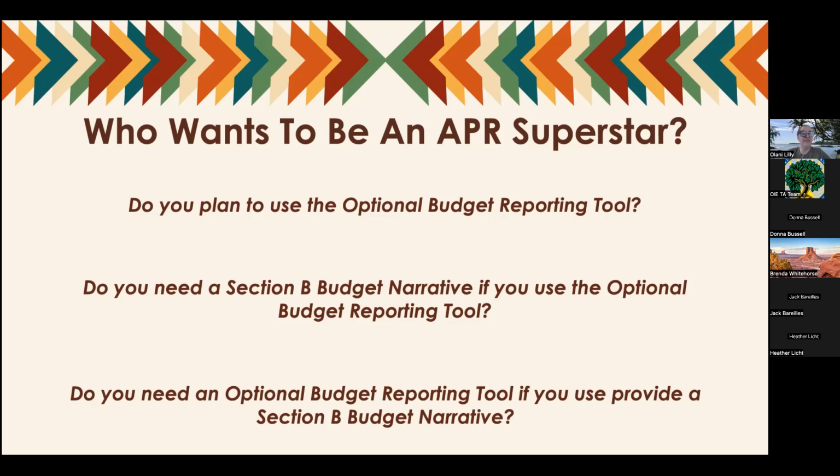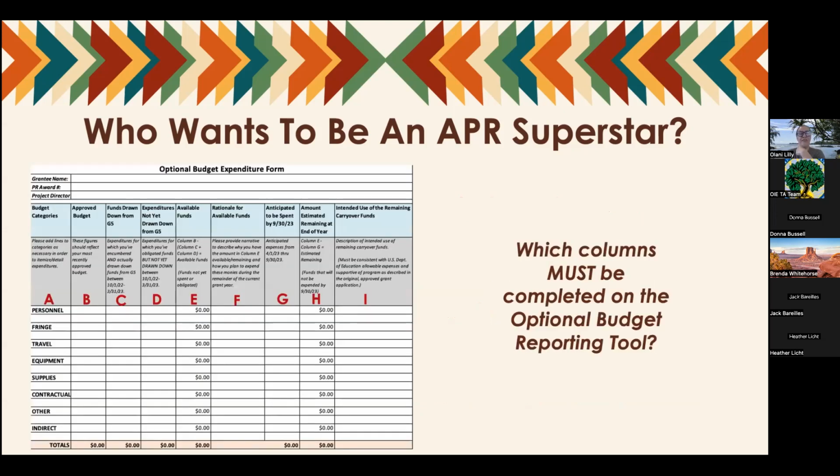The second question, do you need a section B budget narrative if you use the optional budget reporting tool? And then the third, do you need an optional budget reporting tool if you provide a budget narrative? So why don't you go ahead and start answering those questions.